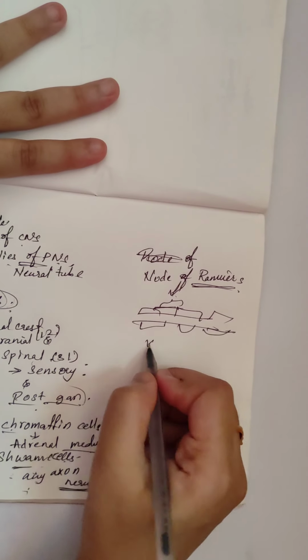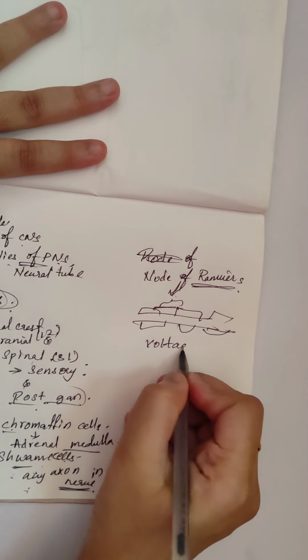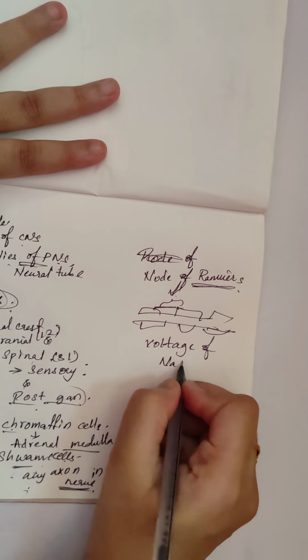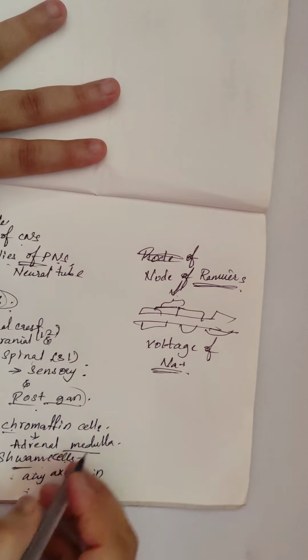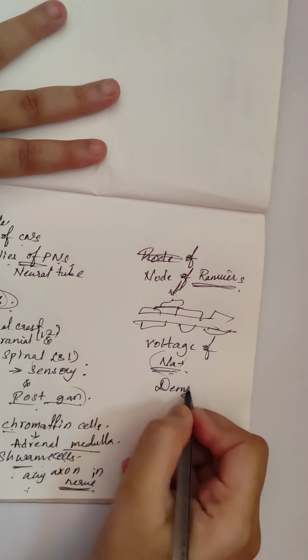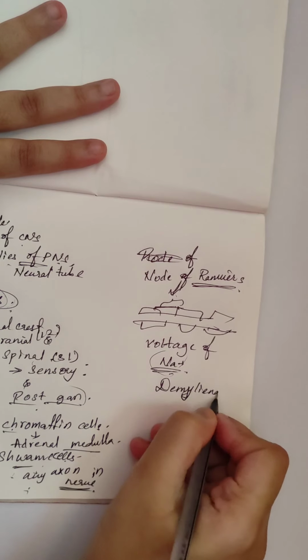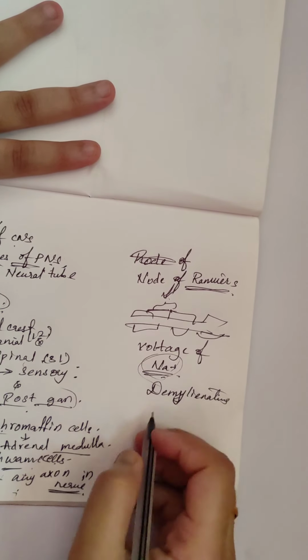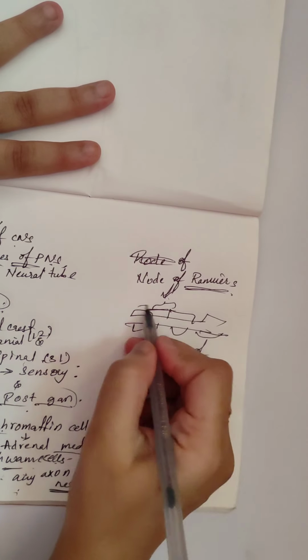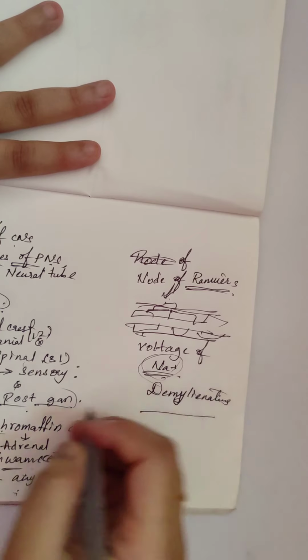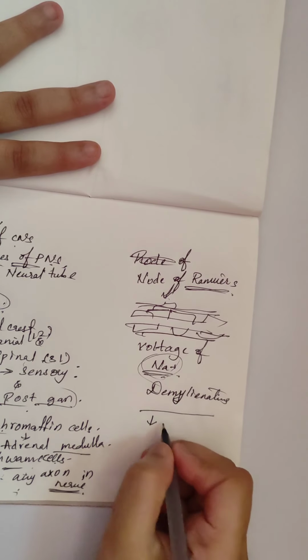The voltage gated channels of the node of Ranvier are sodium channels. So what happens in patients with a demyelinating disease? Due to the damage, the sodium distributes equally along the axon, and the impulse conduction becomes slow.